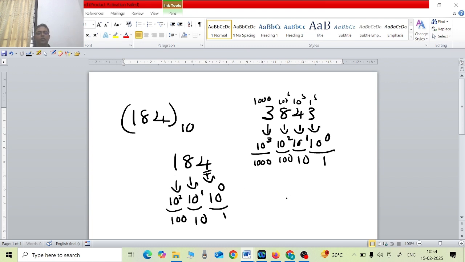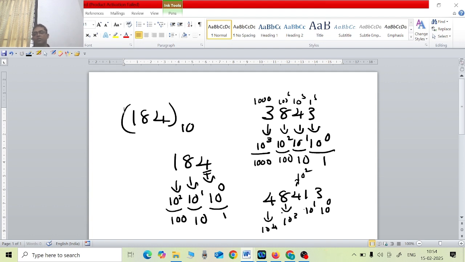Suppose we take another example. Let us take a larger number. Again, how will the base progress? This is 10 raised to 0, this is 10 raised to 1, this is 10 raised to 2, this is 10 raised to 3, this is 10 raised to 4.